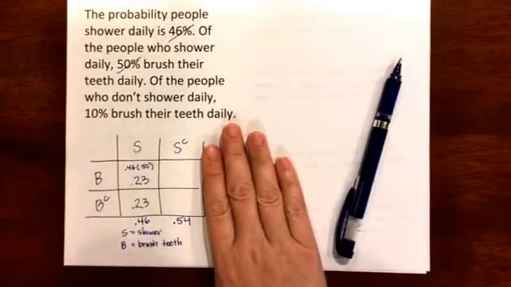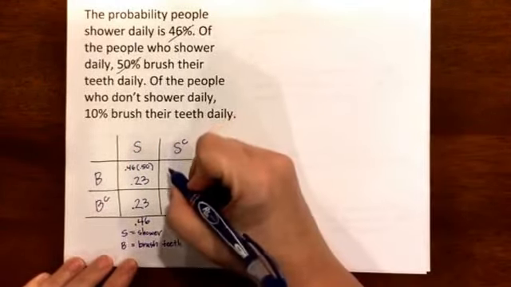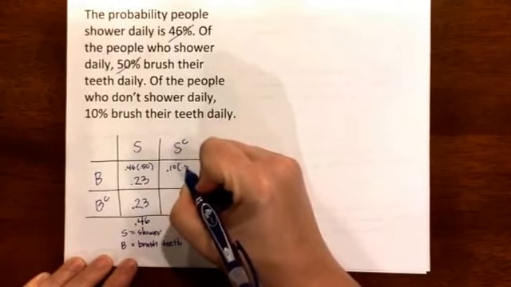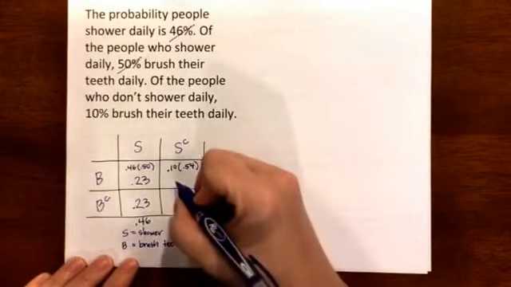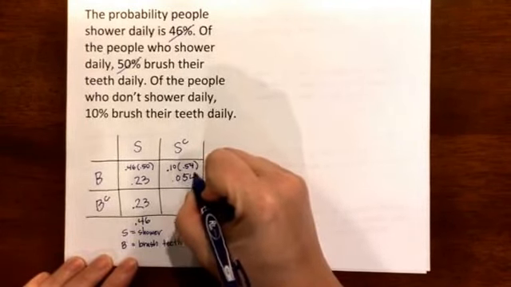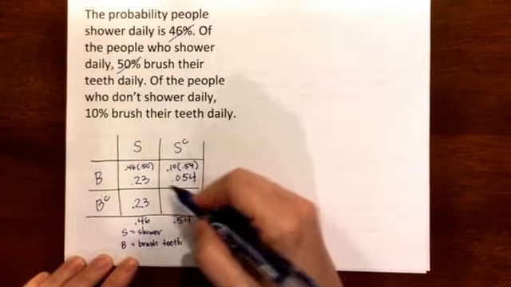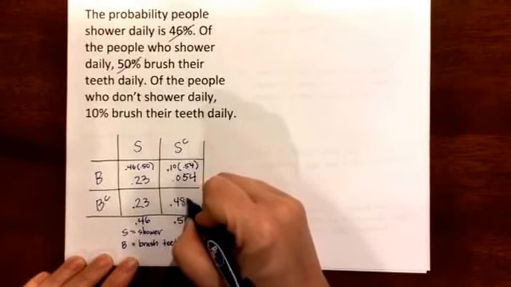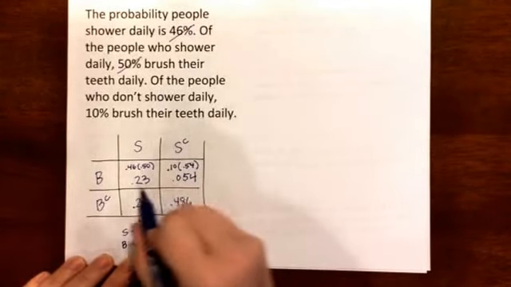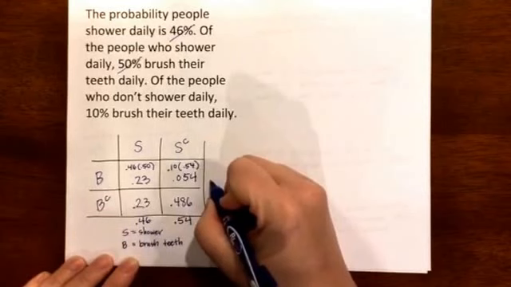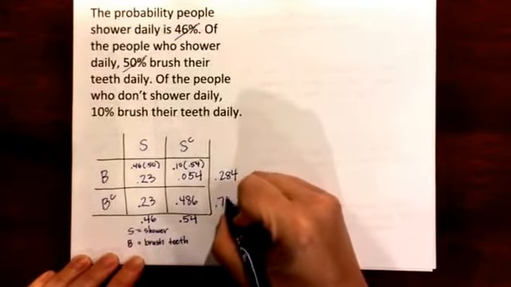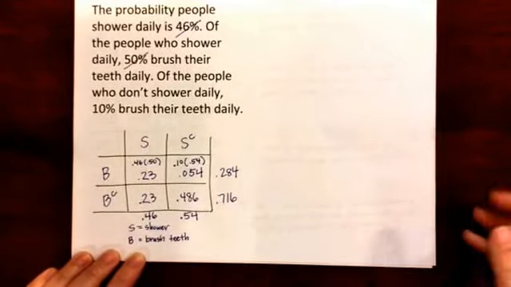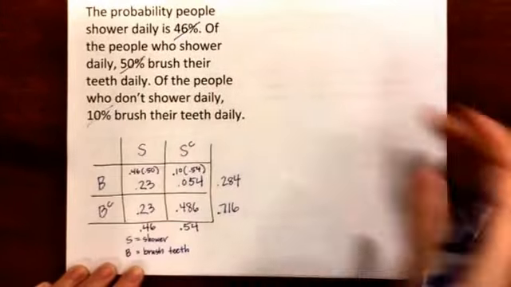So using that same logic, we're taking 10% times the 54% of people that don't shower. That number comes out to 0.054. This has to add up to 54, so this is 0.486. The people that brush their teeth, that's 0.284. And the people that don't brush their teeth, that's 0.716. Okay, so now we're all done.